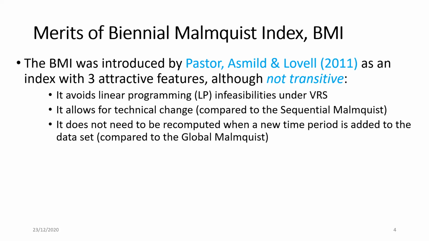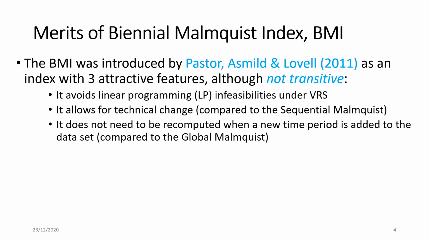Now, infeasible means that there is no solution. It's more or less outside the solution set. And we are going to demonstrate the infeasibility clearly with a simple graph, and then we will see how it is a problem in productivity studies, and then we correct it with a biennial Malmquist treatment.